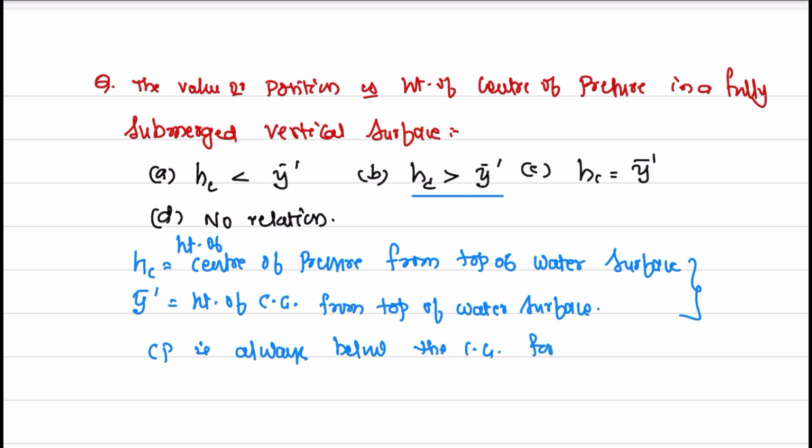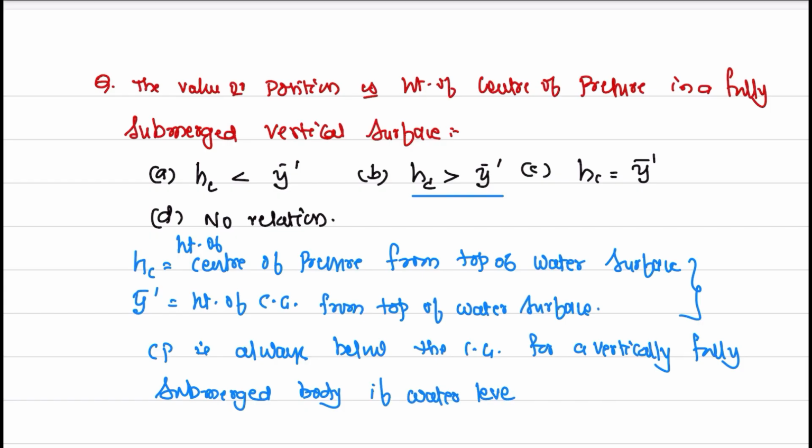The center of pressure is always below the center of gravity for a vertically fully submerged body or surface if the water level is more than the height of the body.